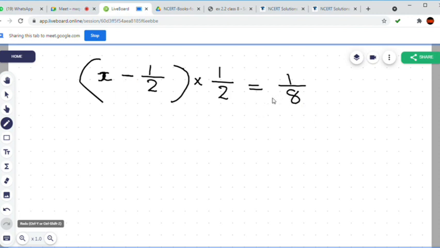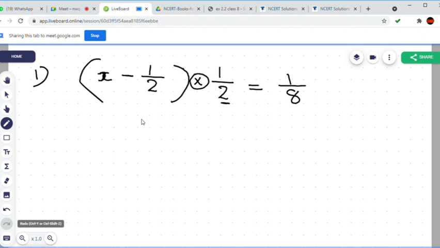Only 2 sentences in that question, so you can leave 2 or 3 lines in your notebook. Start: x minus 1 by 2 into 1 by 2 is equal to 1 by 8. There are different methods for solving. One method, we can expand the bracket with this 1 by 2, or otherwise, here is multiplication, so we can divide on the right side.